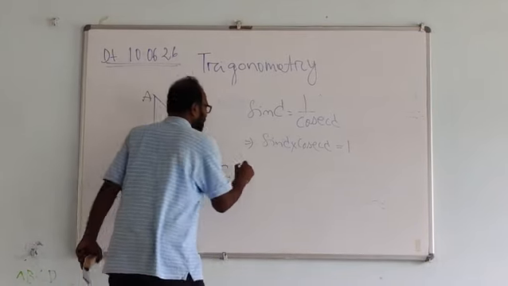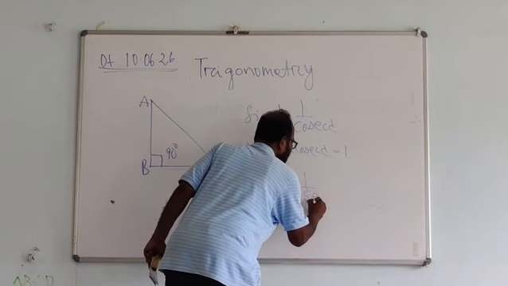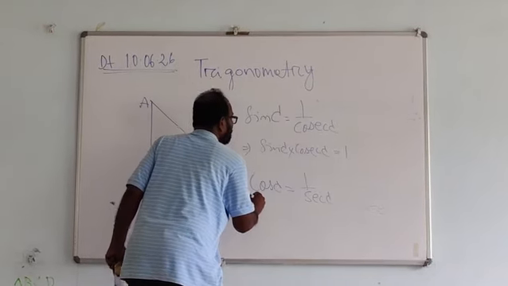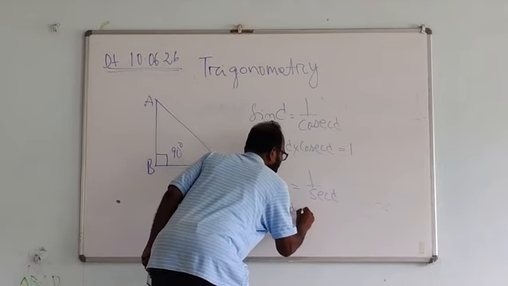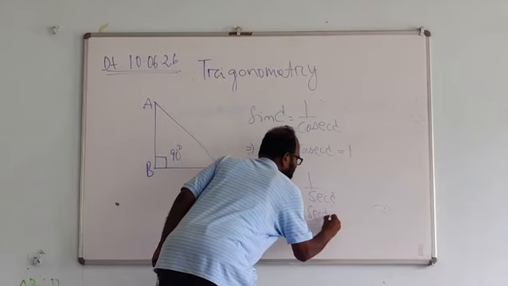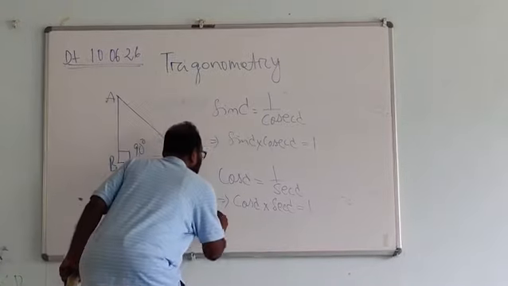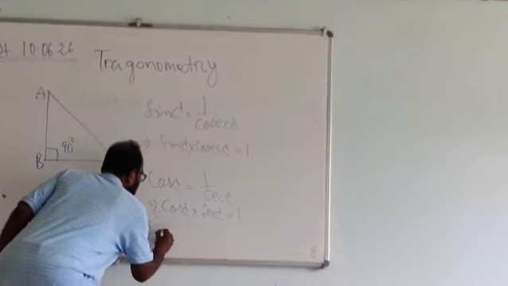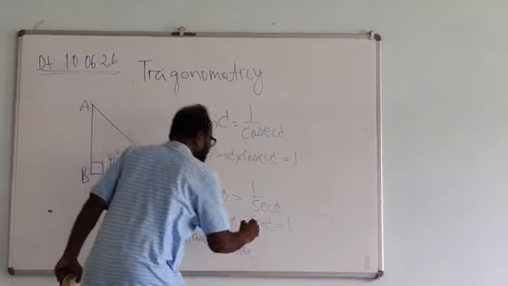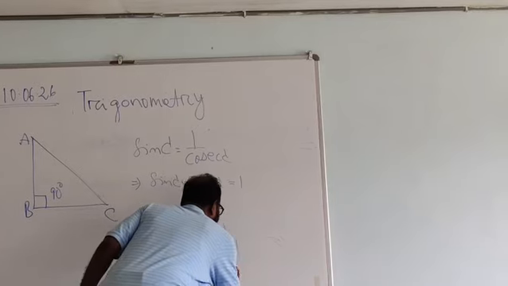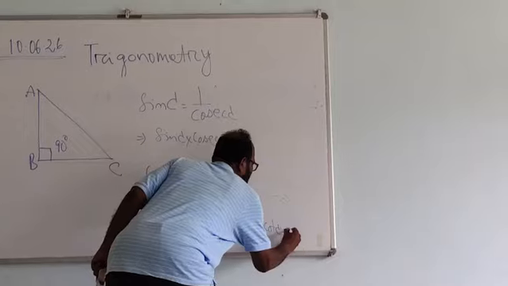Similarly, cos C is equal to 1 by sec C, or implies cos C into sec C is equal to 1. Then tan C is equal to 1 by cot C, implies tan C into cot C is equal to 1.